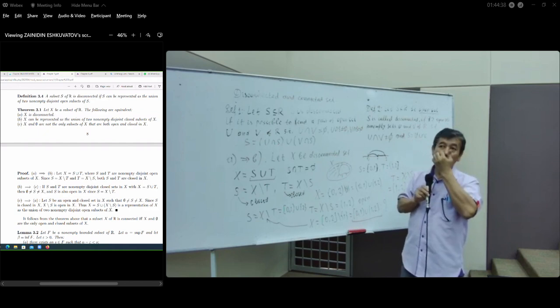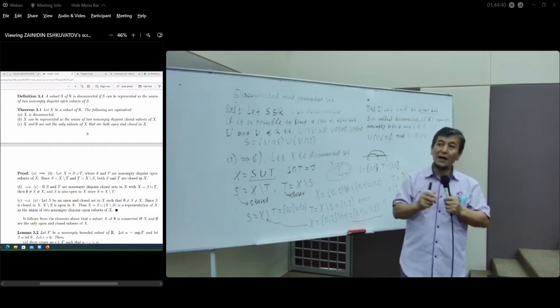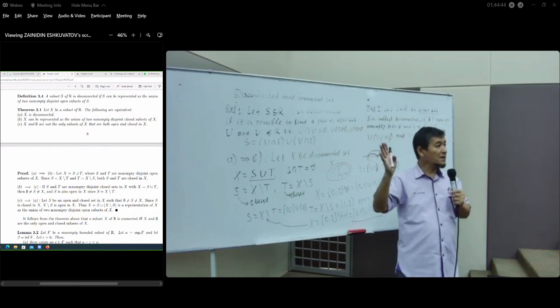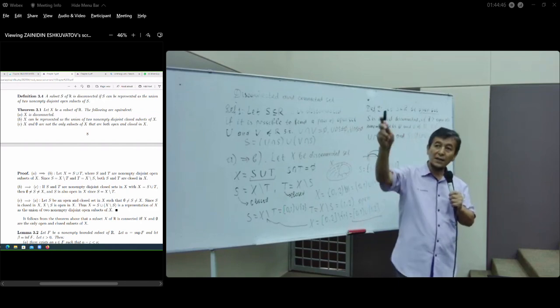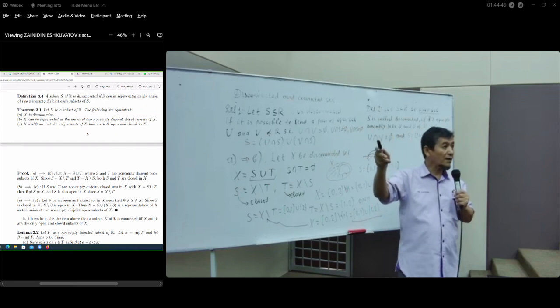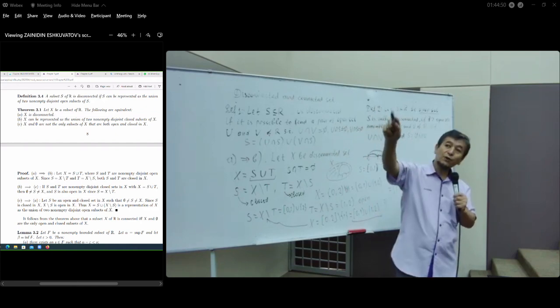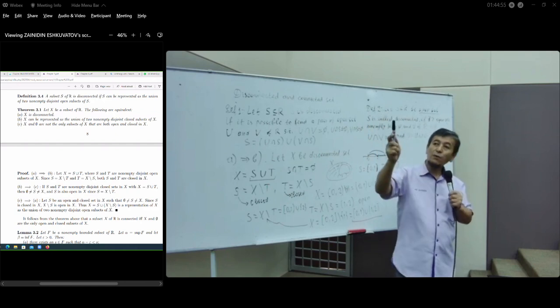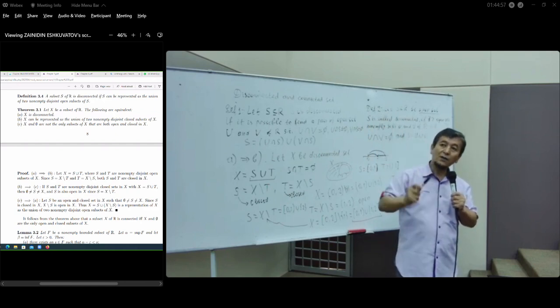Okay, let me check with some other sources. Maybe if it is clearly stated in other sources, then I will come back to this point. Currently, all these three are not clear. From A to B is not clear. From B to C, again not clear.